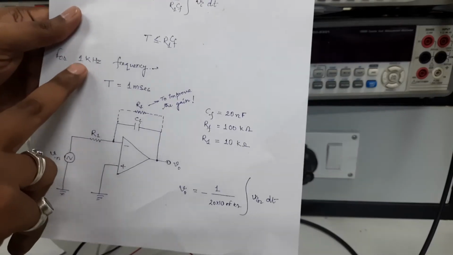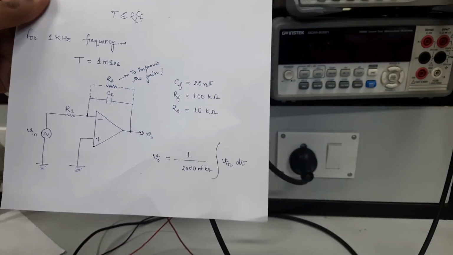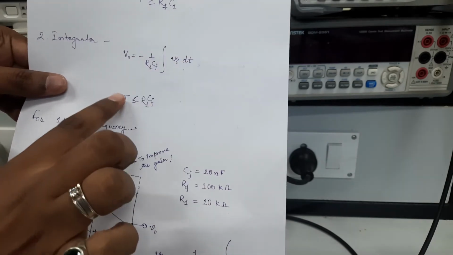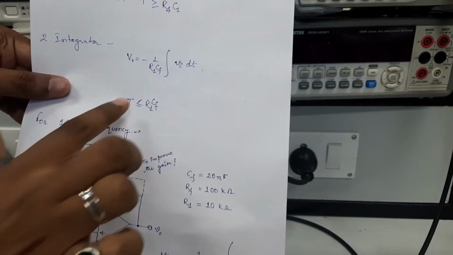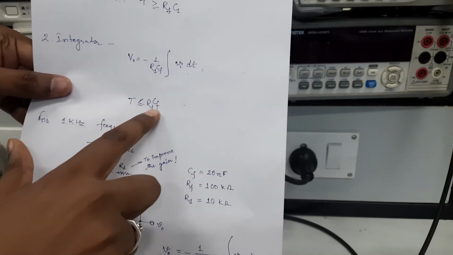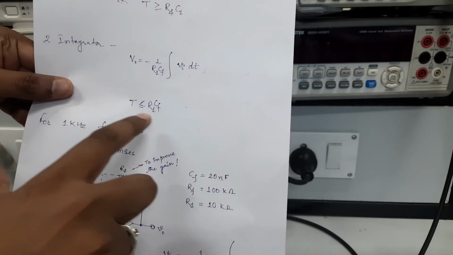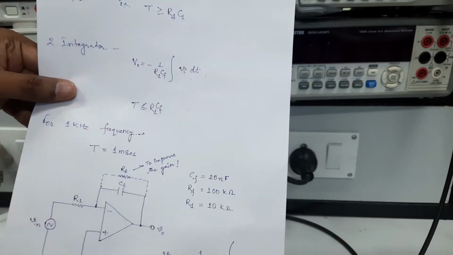Here I'll use a 1 kilohertz frequency for the input signal, so its time period will be 1 millisecond. For proper integrator design, the condition is that T is the time period of the input signal, and R1 and CF, the time constant, should be much larger than or equal to the time period of the input signal.